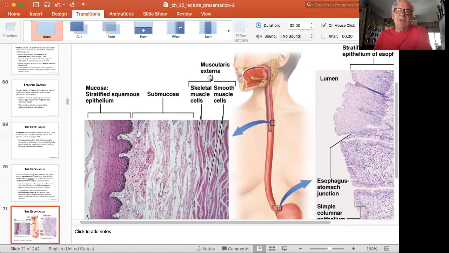The muscularis externa has a combination of skeletal muscle and smooth muscle. This part is going to respond to voluntary movement. You're going to control the swallowing. This part here is going to respond to the myenteric plexus built into the muscularis externa. This part responds to stretching of the esophagus as the bolus of food moves down.